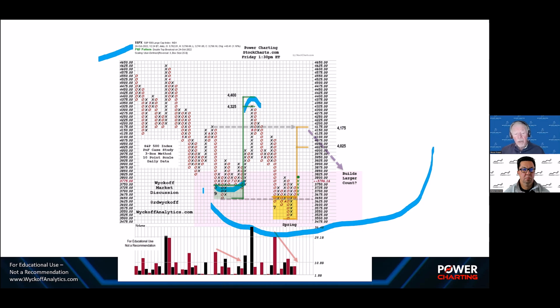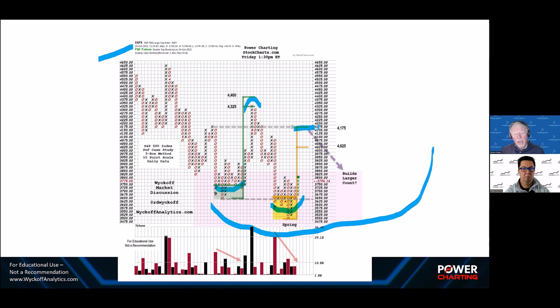Point and figure is a tool that we use because if you use the classical horizontal counting method, it can give you price objectives. I don't know of any other technique that is so good at giving price objectives up and down, both on a small swing trading basis and on a big accumulation distribution basis.